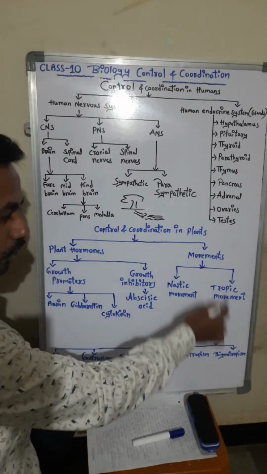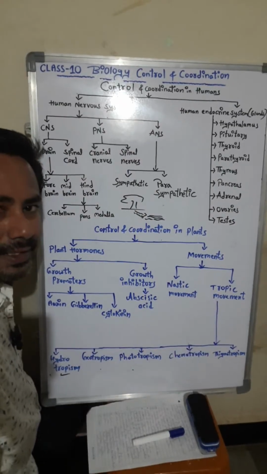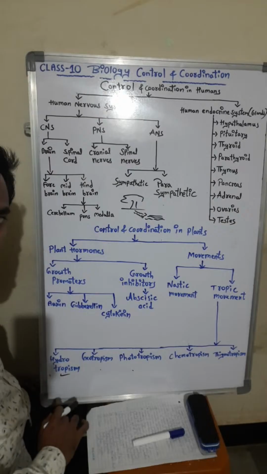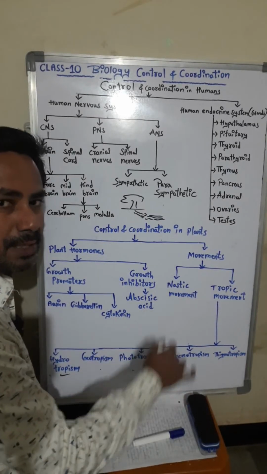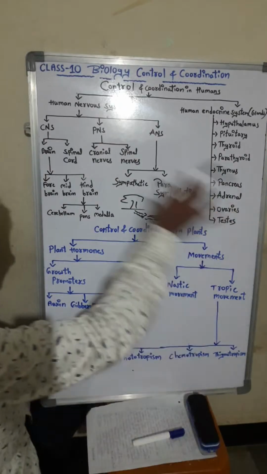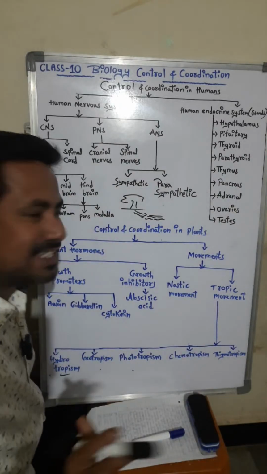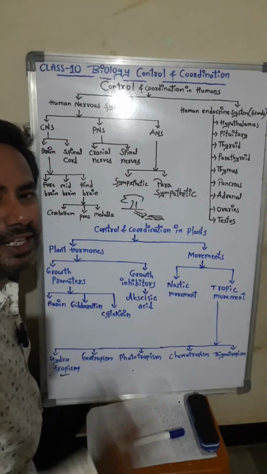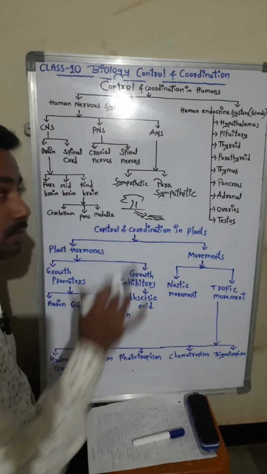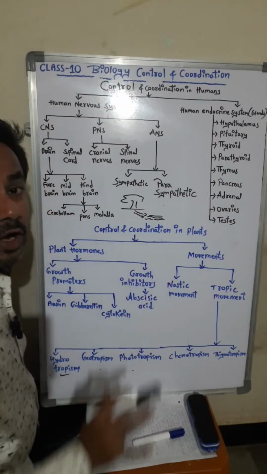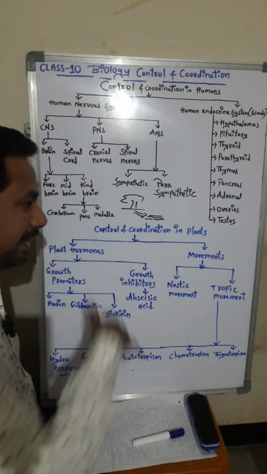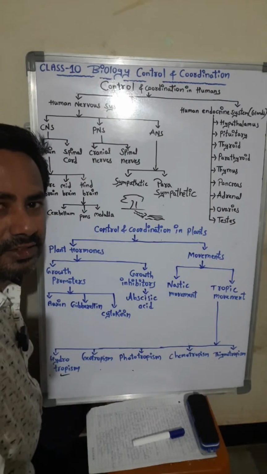But in tropic movement, growth is there. Hydrotropism, geotropism, phototropism, chemotropism, and thigmotropism. The whole chapter comes under this much only, students. Only this much, but depth knowledge is there. This is just a concept map. So in detail we are going to start.